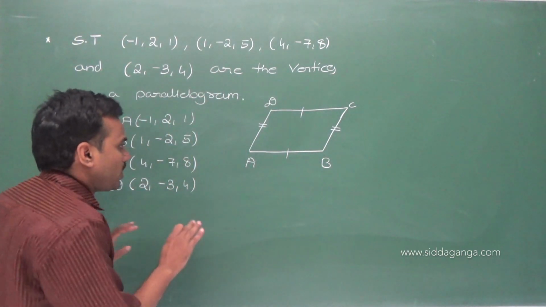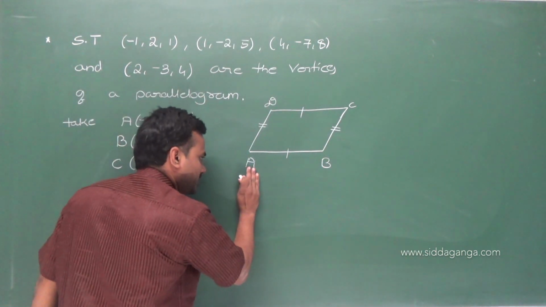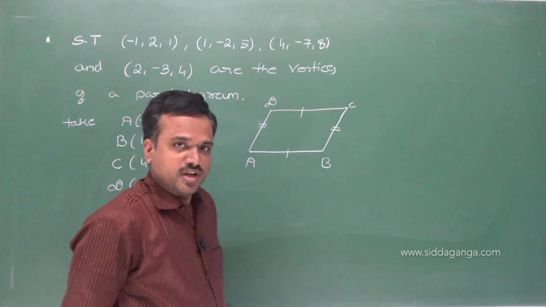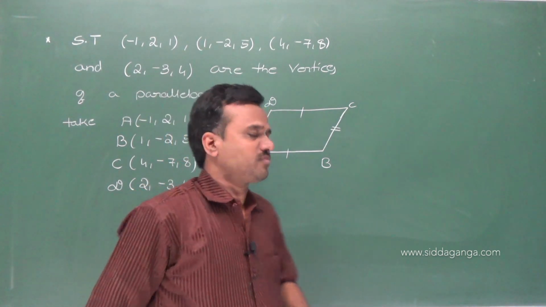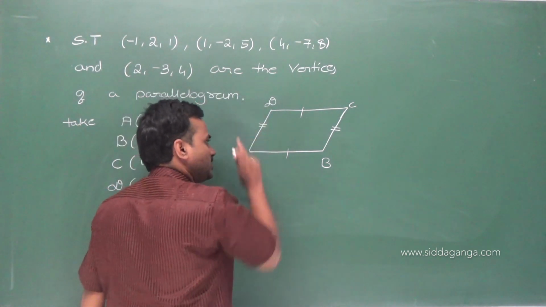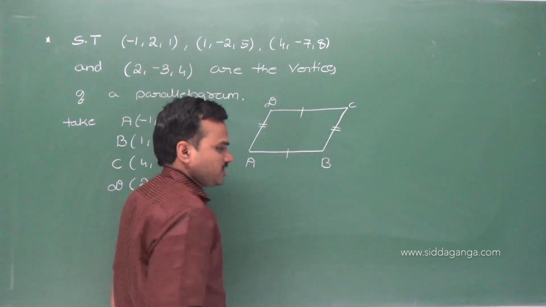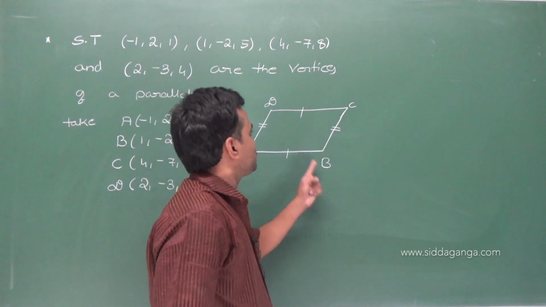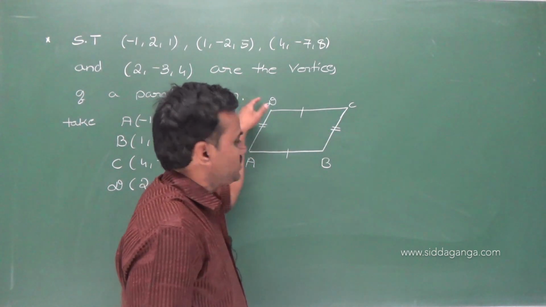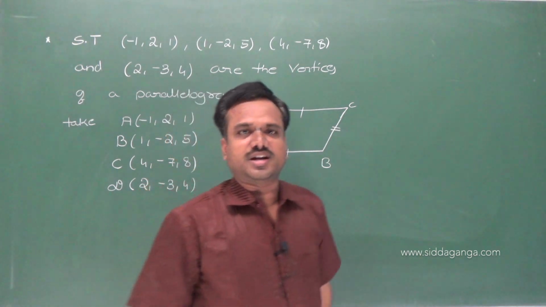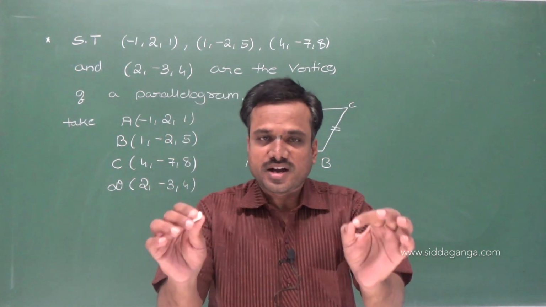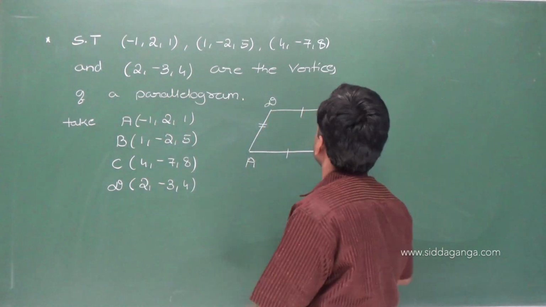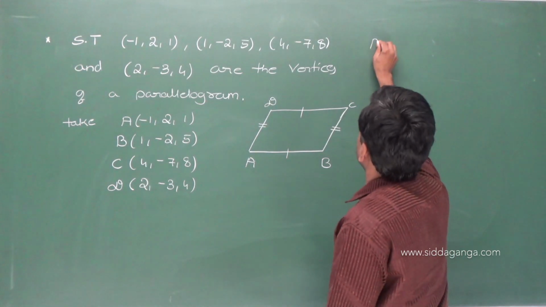So what we do, first we find the distance from A to B and from D to C. If these two distance values are the same, then we find the distance from A to D and from B to C. If the condition AB equals DC and AD equals BC satisfies, A, B, C and D are the vertices of a parallelogram. So first I find the distance from A to B.